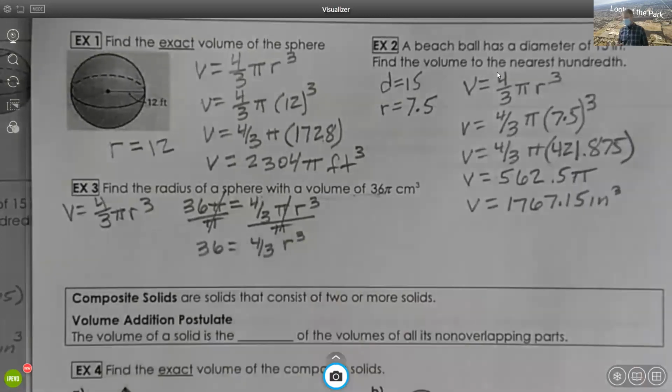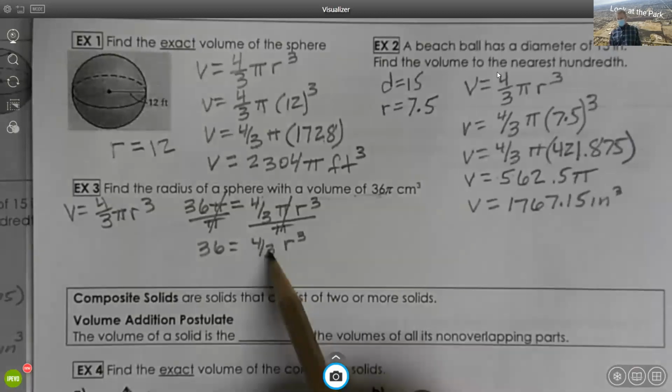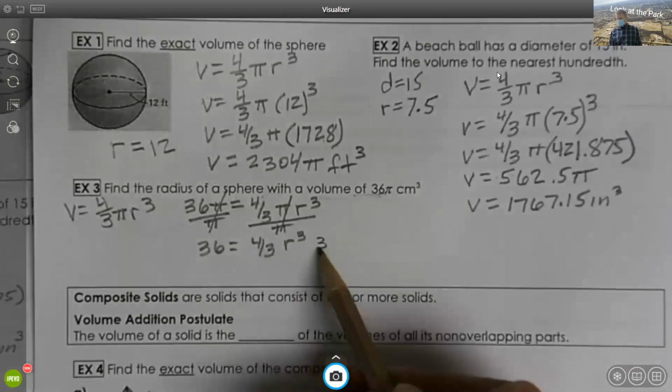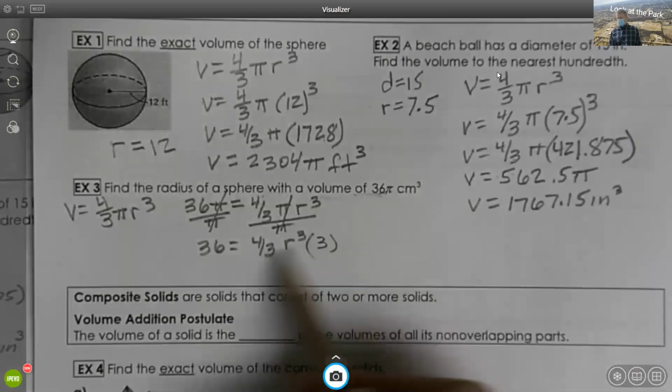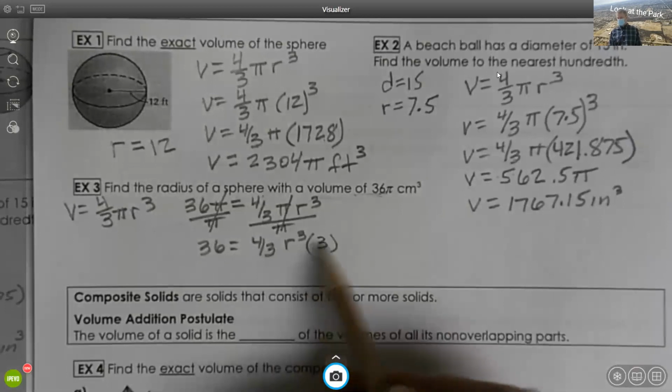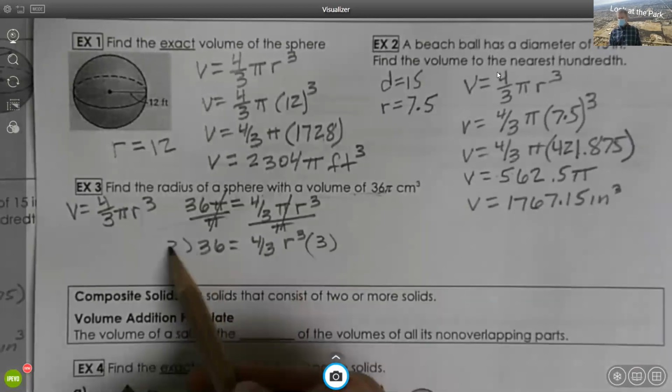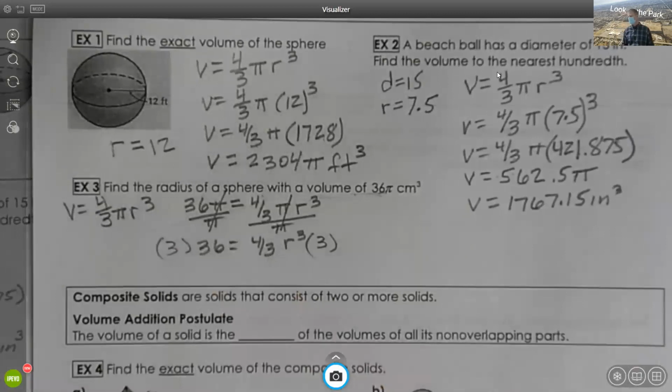Since we're working with a fraction, 4/3, I wouldn't suggest dividing by a fraction. I would say take your denominator, multiply by 3 to this side, so the denominator will go away, and you multiply by 3 to this side, which will keep your equation balanced.